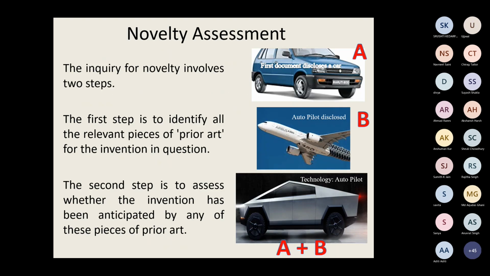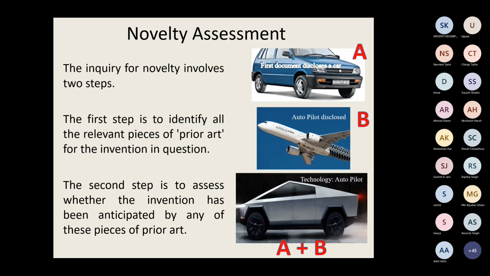The next slide. Yeah. So elements we have discussed. Now is the process of assessing novelty. It is a two-step process. The first step is to identify the relevant pieces of prior art for the invention in question. Now, prior art: art means what is available, which is a part of the knowledge right now.